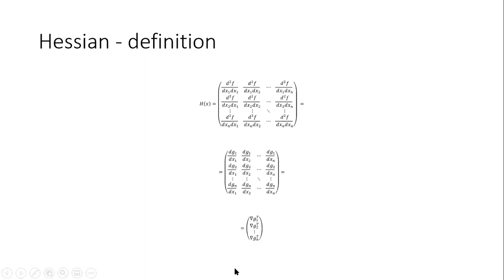And this is the definition for the Hessian Hx.